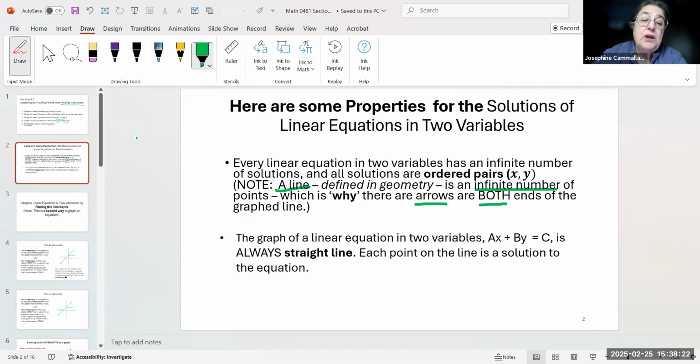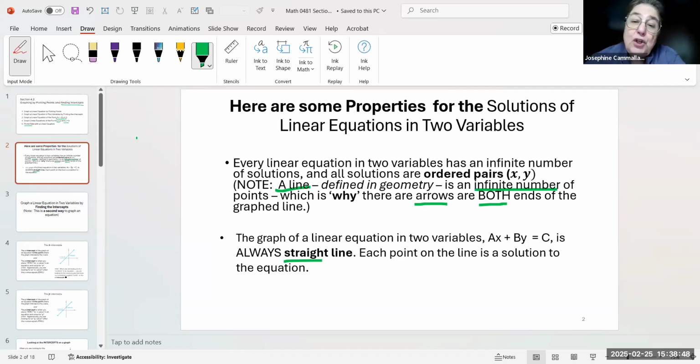Now, sometimes because of technology, some people have gotten away from the arrows on both ends, but you need to know that it does exist. And also, it's straight. If you find that you don't have a straight line with all the points that you found in the table up to this point, then you know one of the points is off.